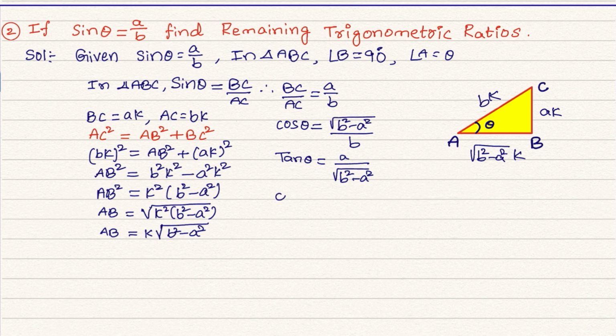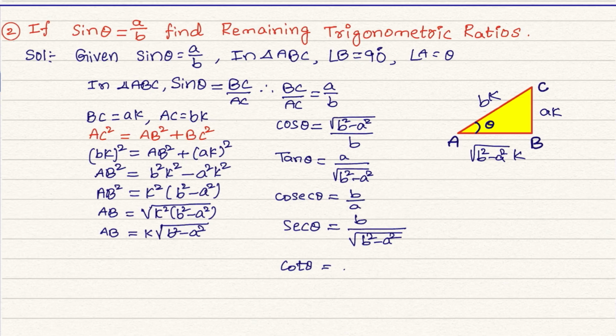Now cosec theta is just the reciprocal of sin theta. Sin theta we know is a by b, so it is b by a. Then secant theta is the reciprocal of cos theta, because cos theta is root of b square minus a square by b. So it is b by root of b square minus a square. Then at last cot theta is the reciprocal of tan theta.